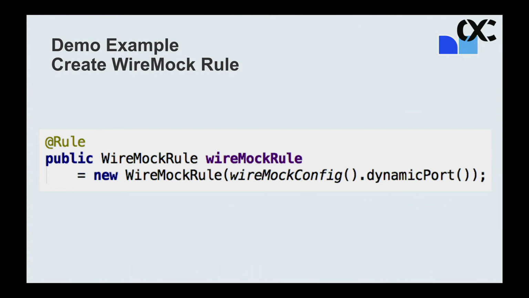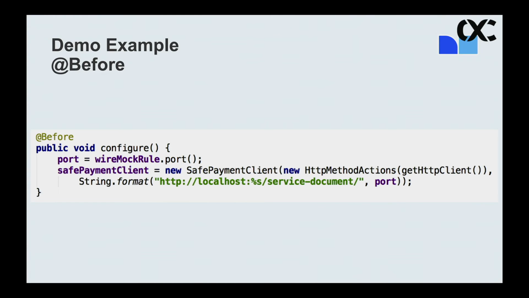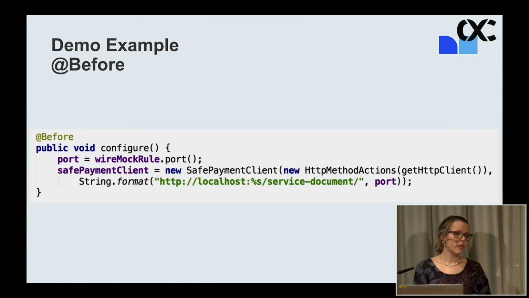So it's better to use this dynamic port that they offer. And then before each test, I find the port and I start the safe payment client that should originally talk to the safe payment, but instead it will now talk to WireMock.